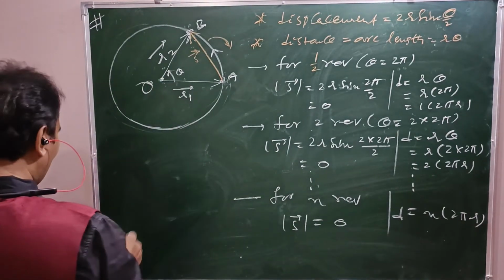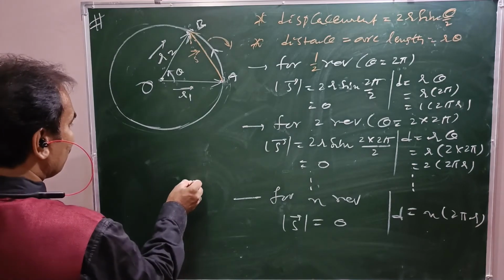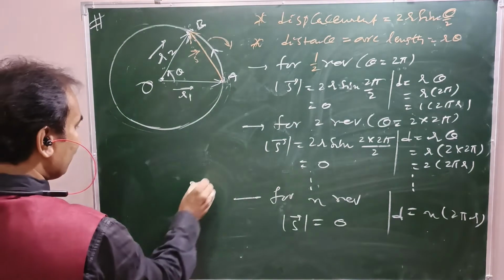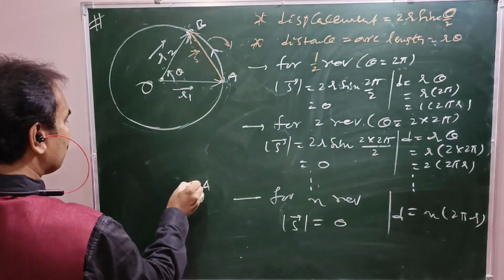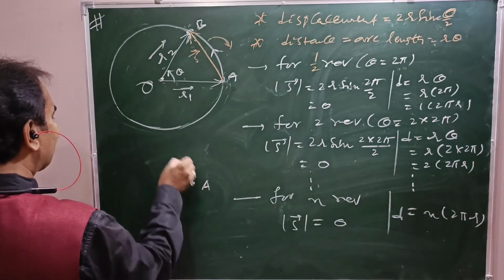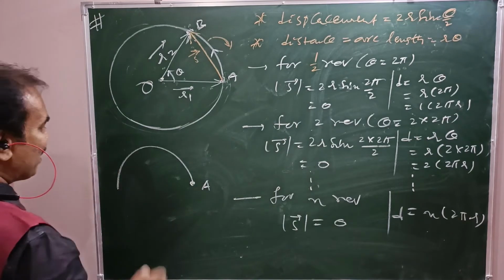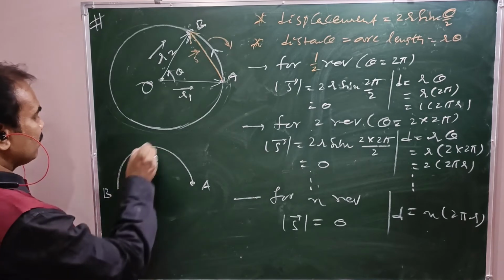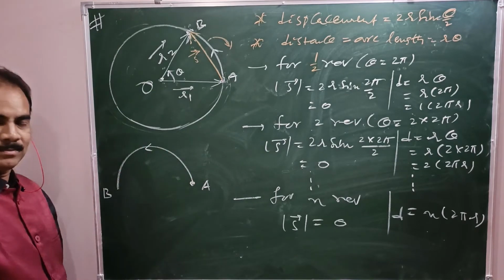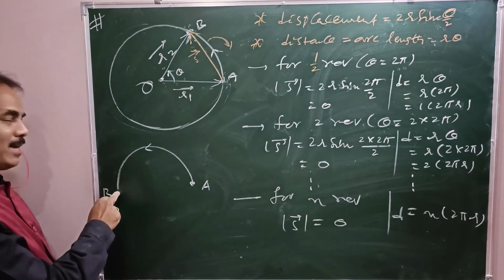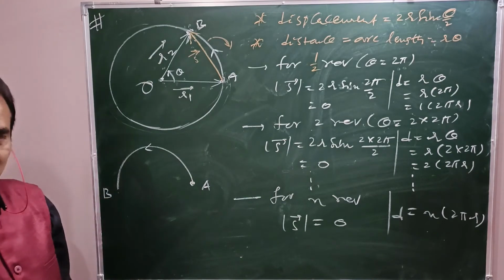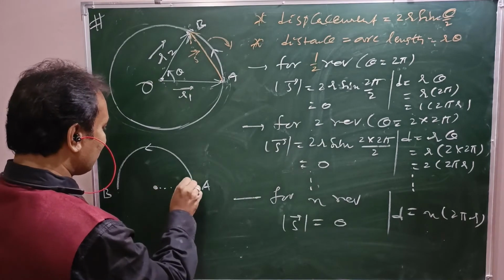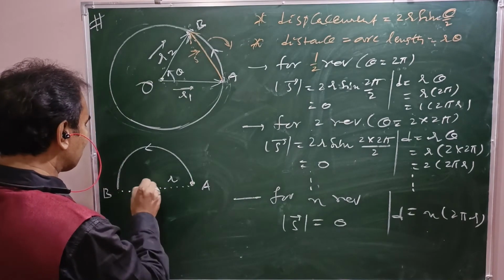See, half of the revolution means suppose the particle started at A and moves half of the perimeter, and reaches the diametrically opposite point B. This is the actual path followed by the particle. So A to B, B is the diametrically opposite point. See here, this is the midpoint. This is radius R. This is also radius R.